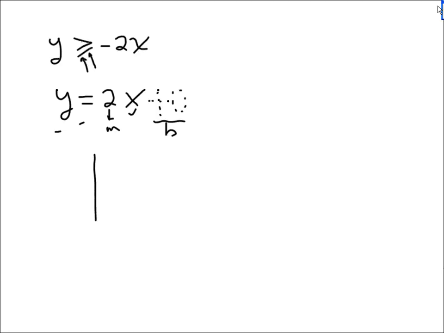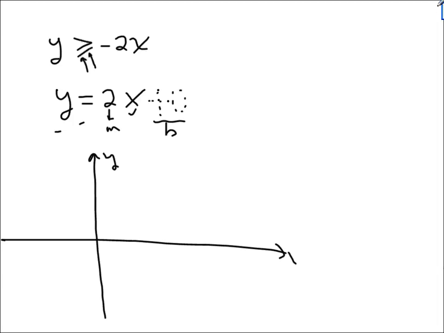So we know that we cross the y-axis at 0. That is known as the origin. And we know that the slope is 2. So you can take 0, 0, and the slope 2 is the same as 2 over 1.